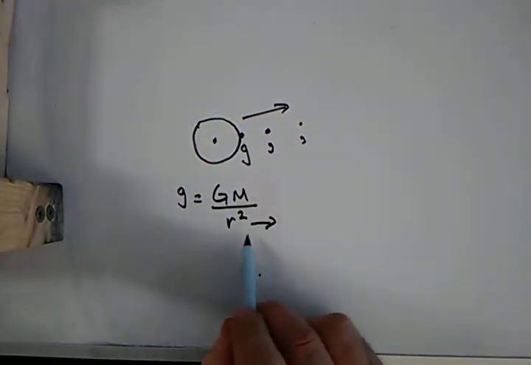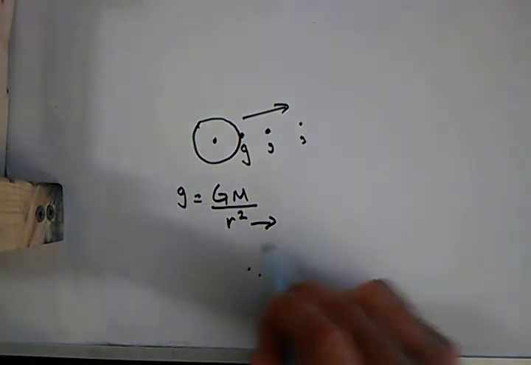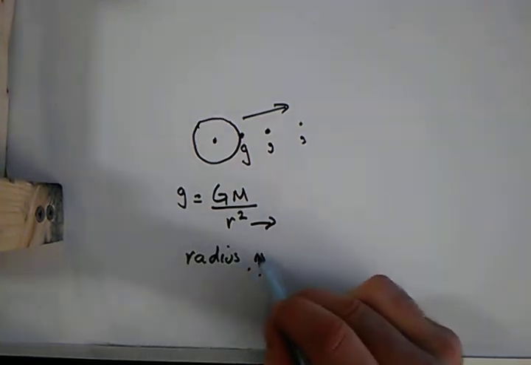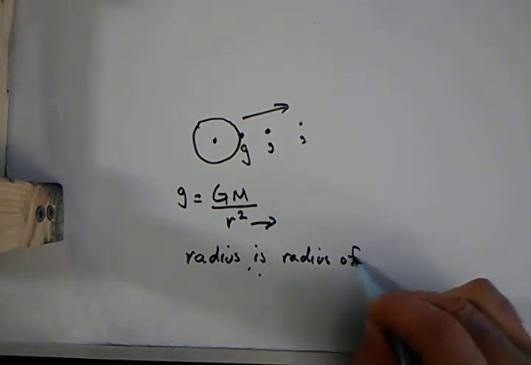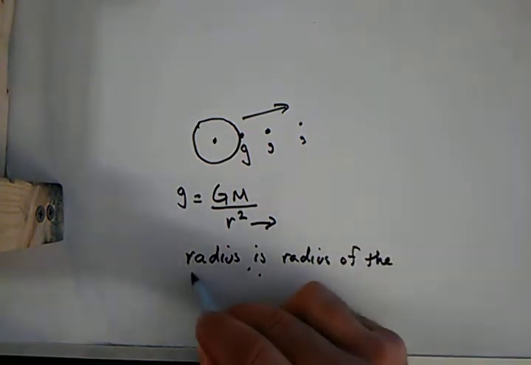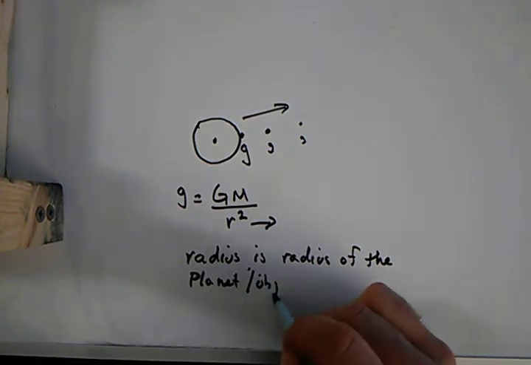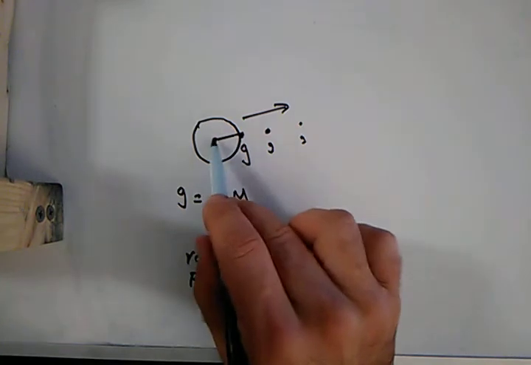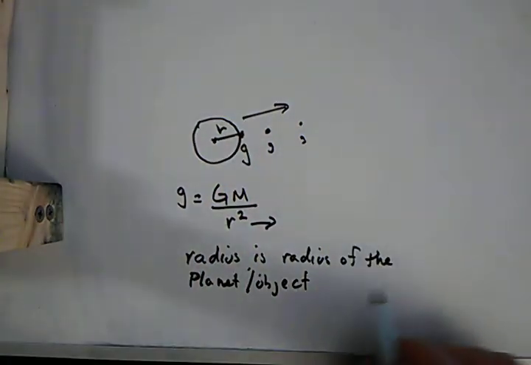This can be confusing, but the radius is the radius of the planet, or object. That's this distance here, from here to here. That's the radius of the object.